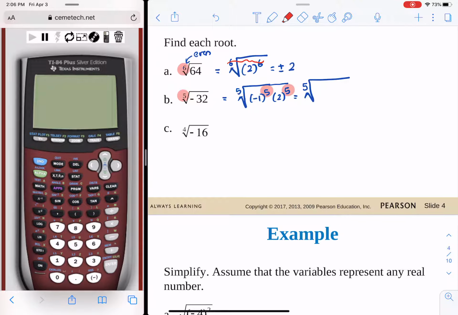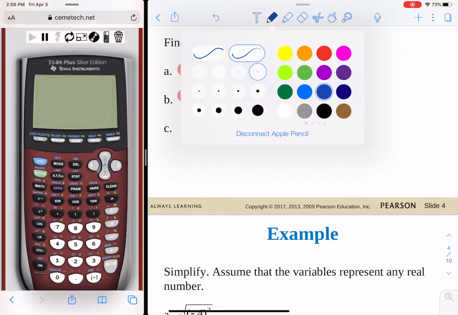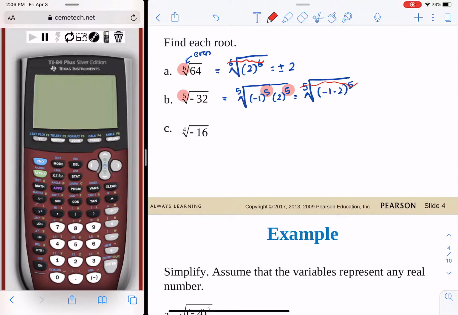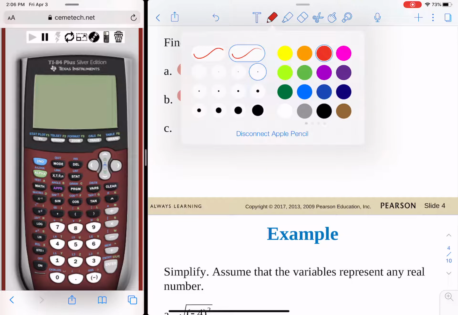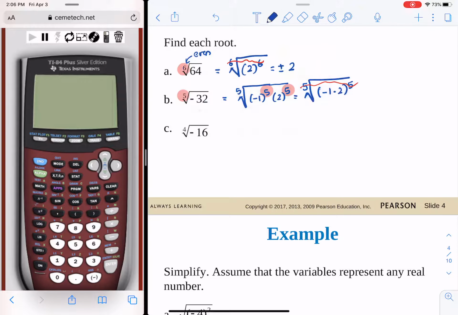Those two terms have a common power, so we can write it as -1 times 2, this is times, not -1.2, raised to 5, and those two sort of go away, leaving us with -1 times 2, which is -2.